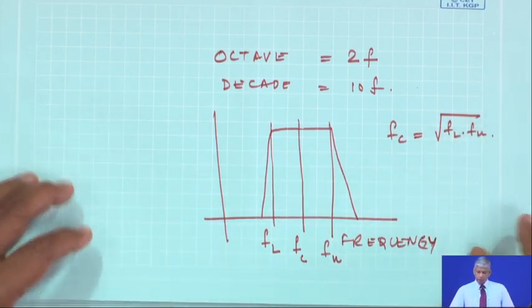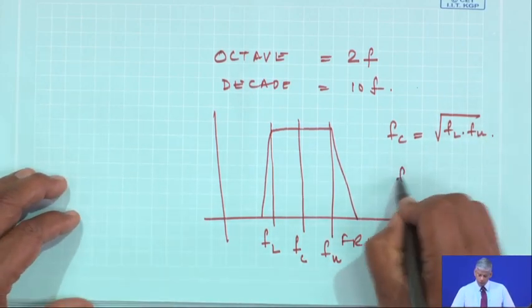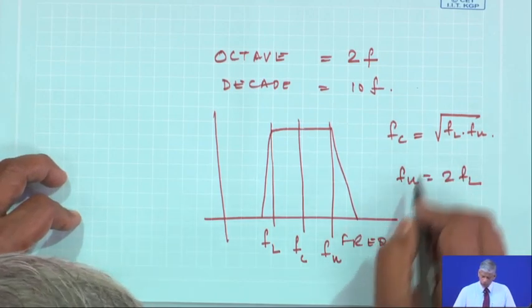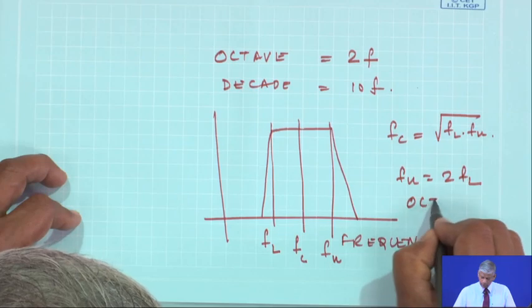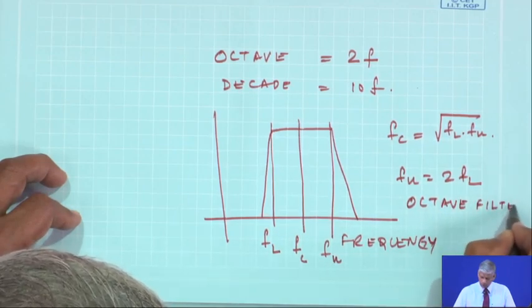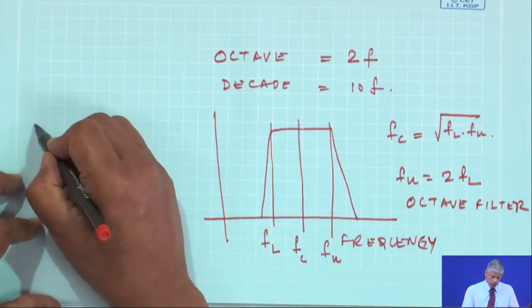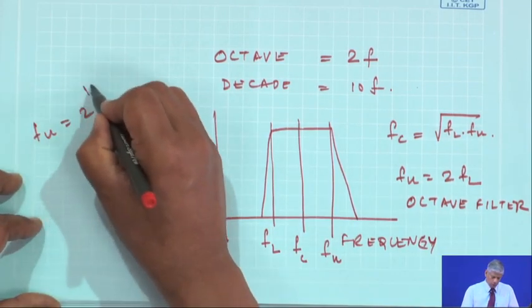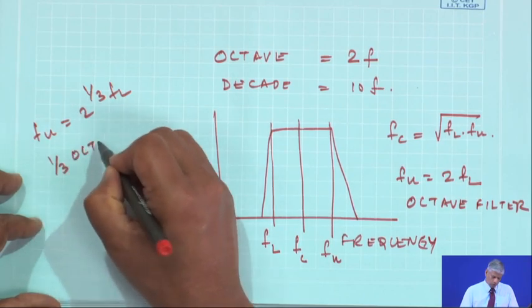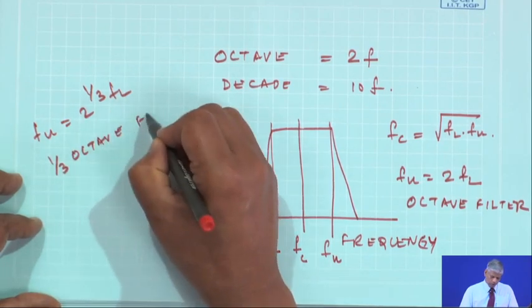If FU is twice FL, this becomes what is known as an octave filter. If FU is 2 to the power 1/3 times FL, this is known as a 1/3 octave filter.